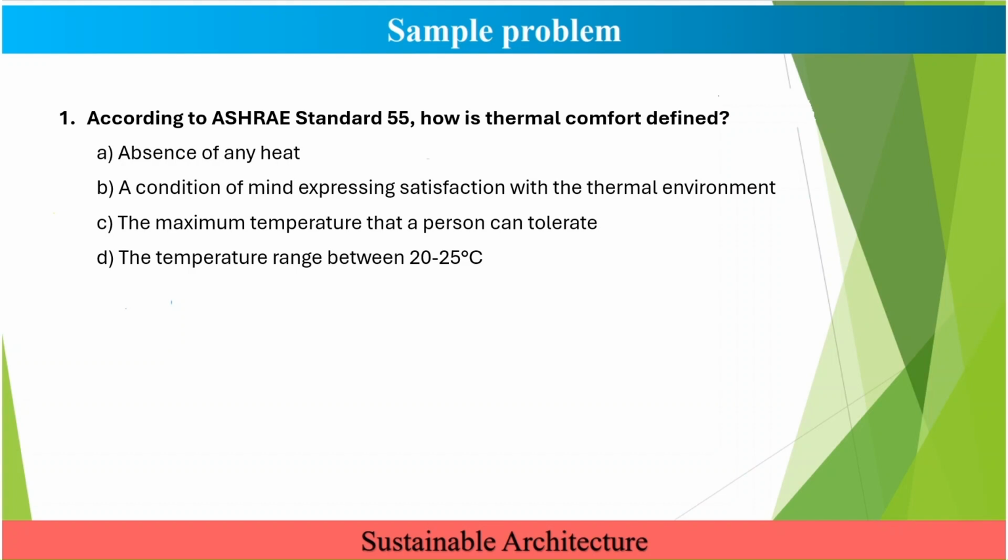This is based on the climate condition, climatic zone, and as per the human metabolic rate or work, whichever is being done, and clothing. Based on all these things, this depends. So the general definition of thermal comfort will be a condition of mind expressing satisfaction with thermal environment. So let's move to the next question.